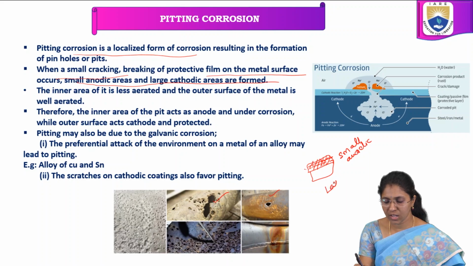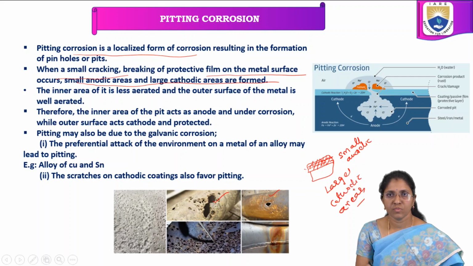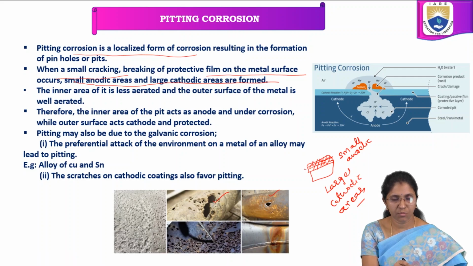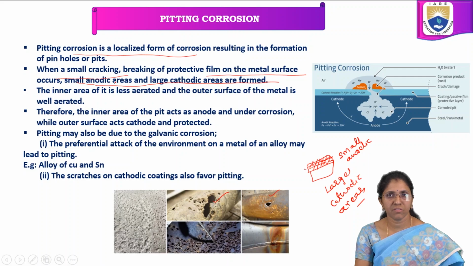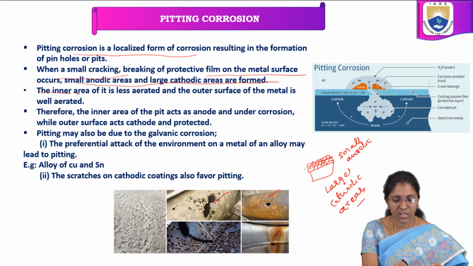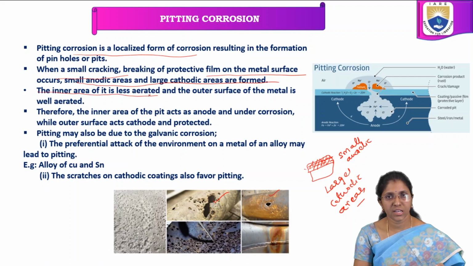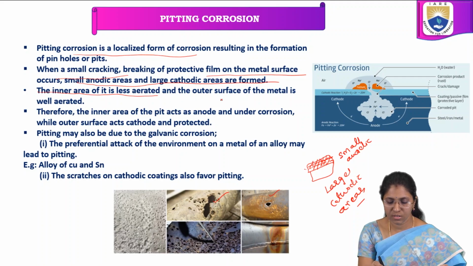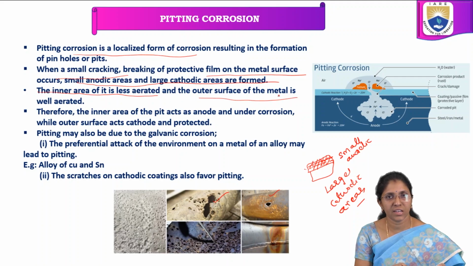And large cathodic areas will form. So this type of corrosion occurs when small cracking or breaking of the protecting film on the surface occurs, and small anodic areas and large cathodic areas are formed. The inner area of the pit is less aerated, while the outer surface of the metal is aerated.